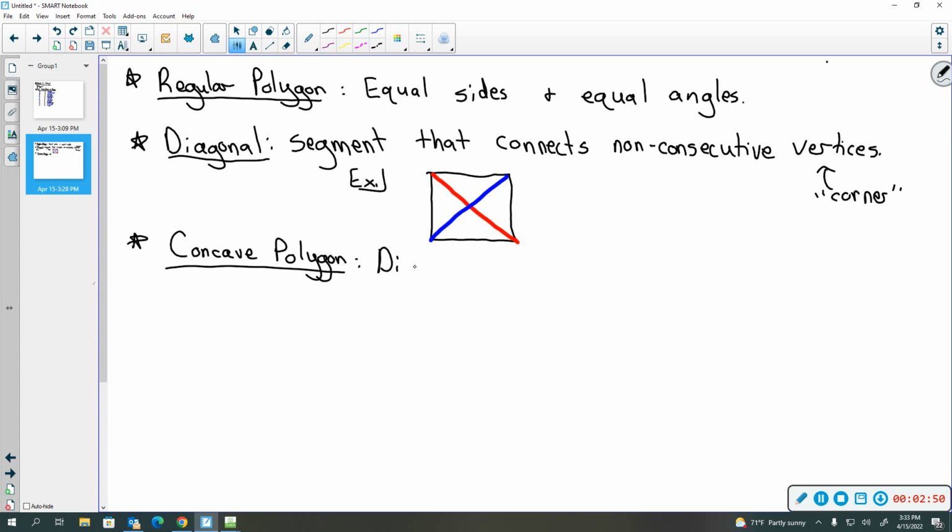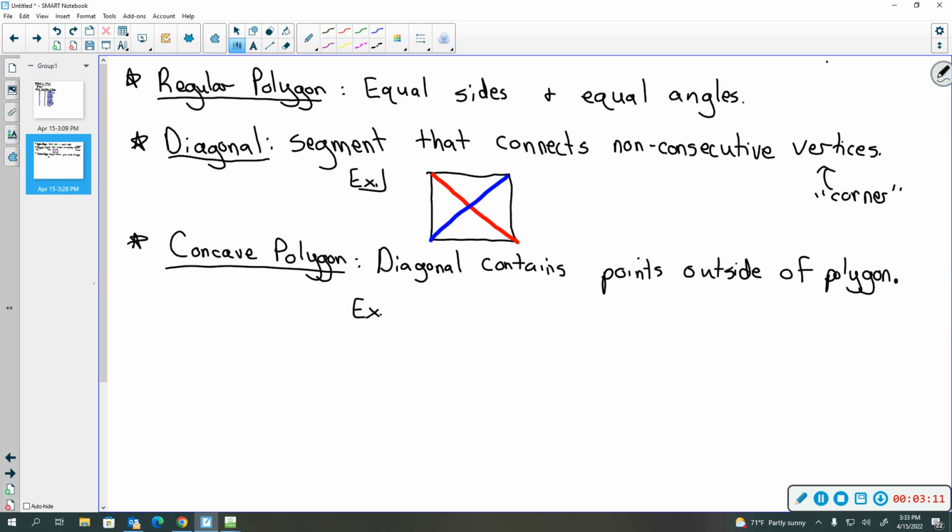A concave polygon would have a diagonal that contains points outside of your polygon.